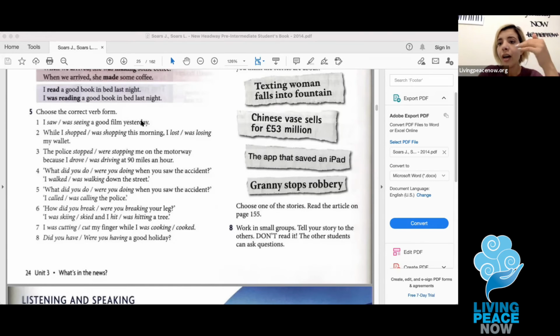It means the accident happened and then you did something. Your action is after the accident. If you say, what were you doing when the accident happened?